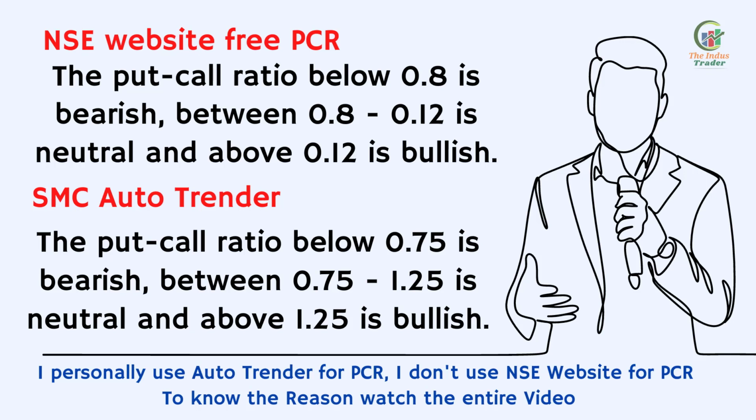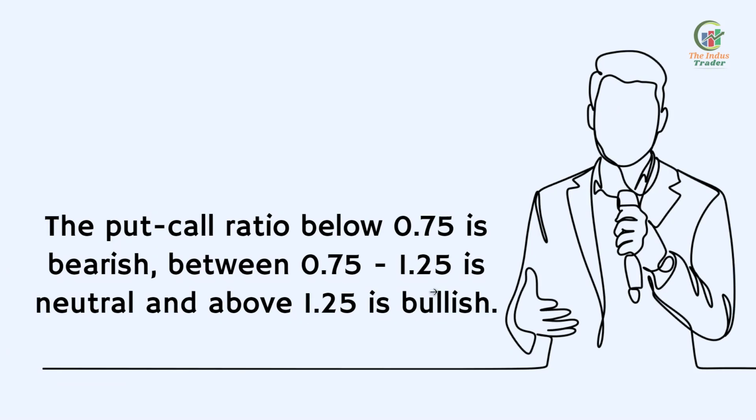If you look on the internet, there are a lot of values and different people suggest different values, but the values that worked perfectly for me, because I use PCR in my day-to-day option trading, are these: PCR below 0.75 is bearish, PCR between 0.75 and 1.25 is neutral, and above 1.25 I will be on the bullish side. This is how you can select the trend.